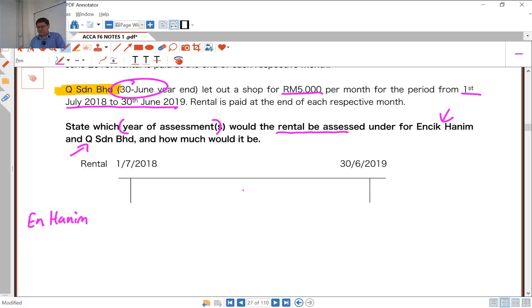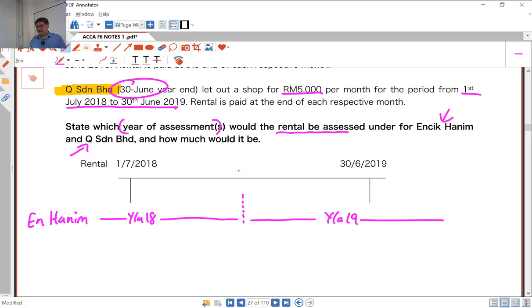It will fall into two different YAs, correct or not? It will fall into YA 18 as well as YA 19. Because YA 18 is from January to 31st December 18. And YA 19 is January 19 to 31st December 19.